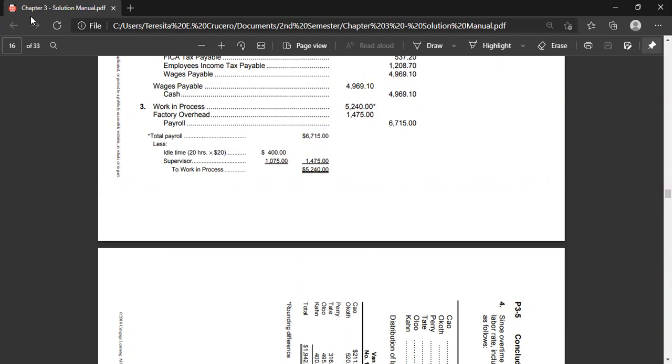Now take note that here we have the number of hours worked for labor time records, our distribution. So for Cow, total number of hours worked is 45. Then for Ocos, it's 48, 48 for Perry, and 45 for Tate.